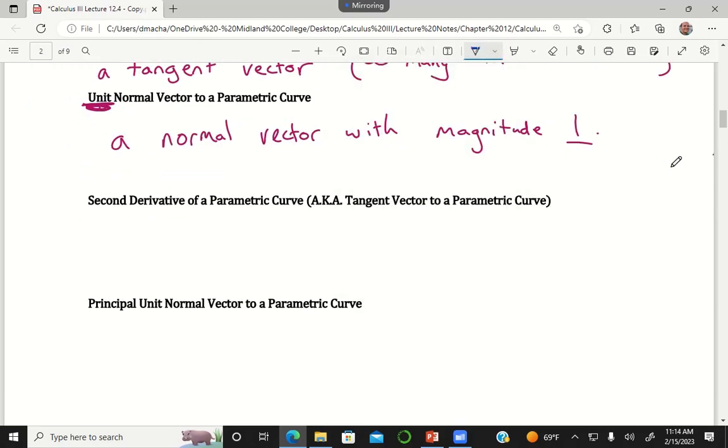Okay. So then if we talk about the second derivative of a parametric curve, we also thought about it as being sort of like the acceleration vector. If you're thinking about the path of an object through space over time, then the second derivative with respect to time would be the acceleration vector.